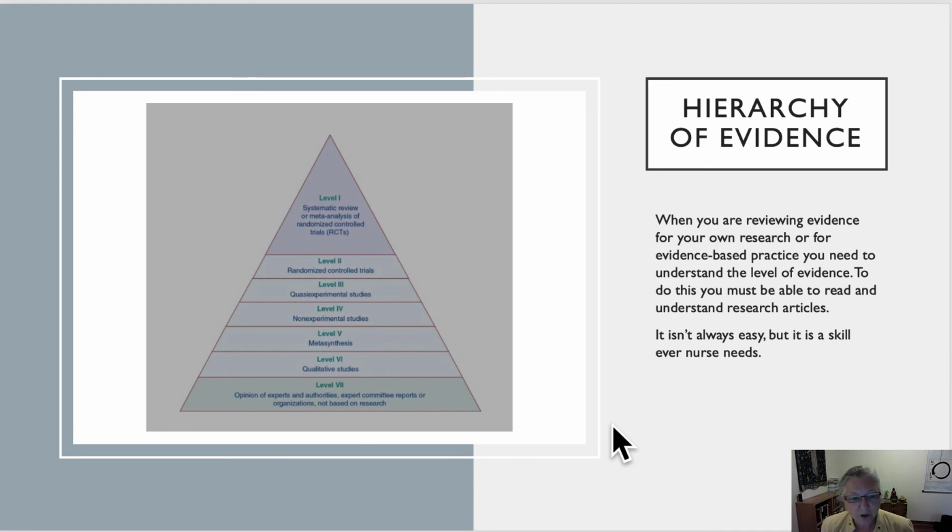And finally, when you get to the top, you get systematic reviews, which is only slightly above a randomized controlled trial. But systematic reviews or meta-analyses of randomized controlled trials look at a bunch of studies that have essentially asked the same questions over time, which is what makes them valuable.